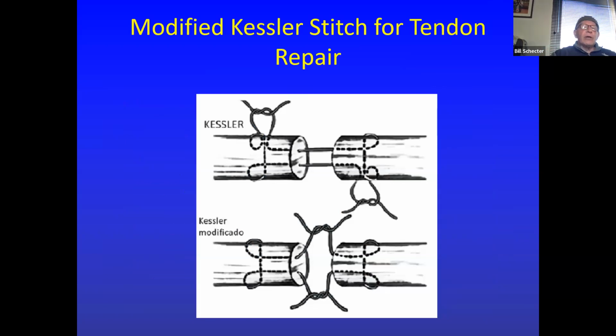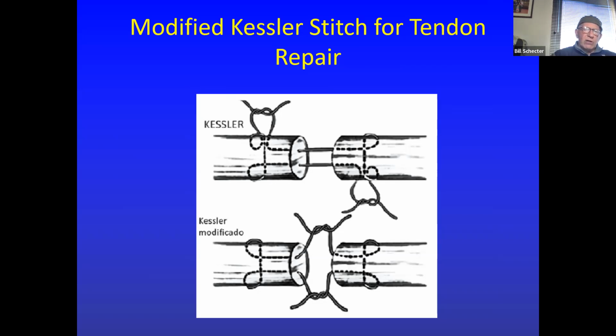Okay, so here is the look. If you look in the literature, you'll find many types of stitches to repair tendons, and each one has its advocate. But remember the principle that we talked about earlier in the talk.